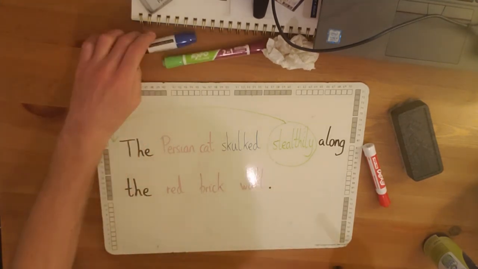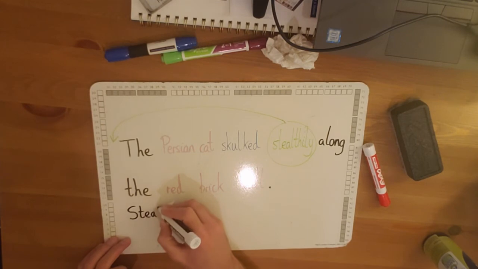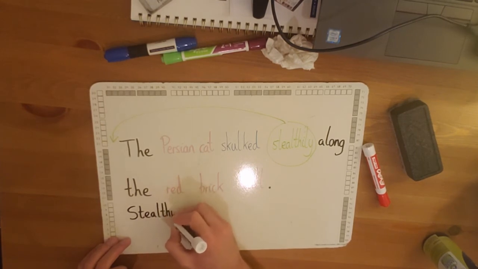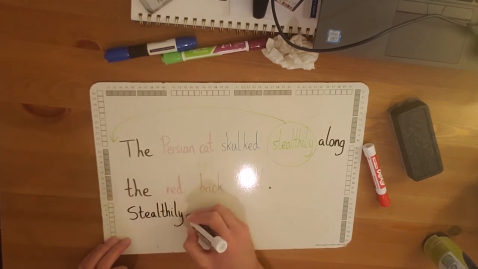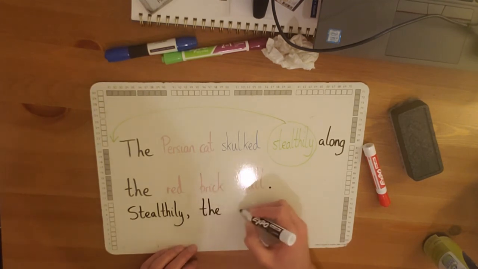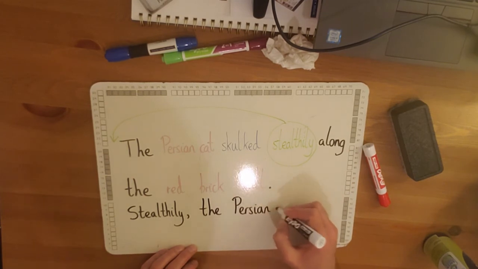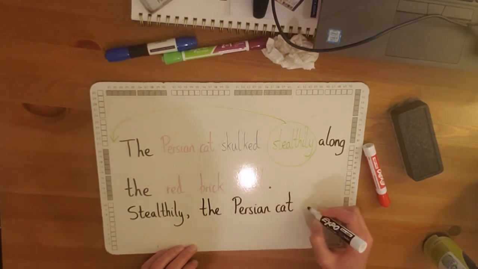It's loads better. So I'm actually going to write it out underneath here so you can see what that should look like. So I've got stealthily, and because I'm using that as an opener, I'm going to put a little comma after it, which means the is going to lose the capital letter because it's no longer at the start of the sentence.